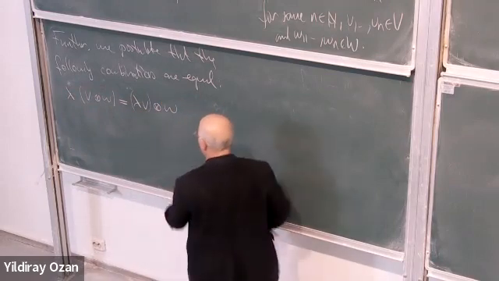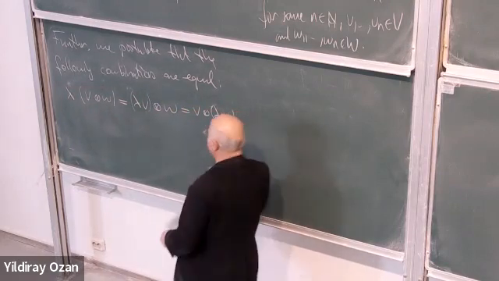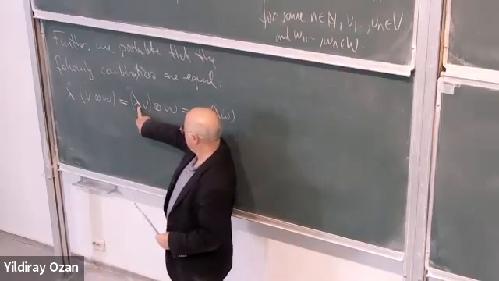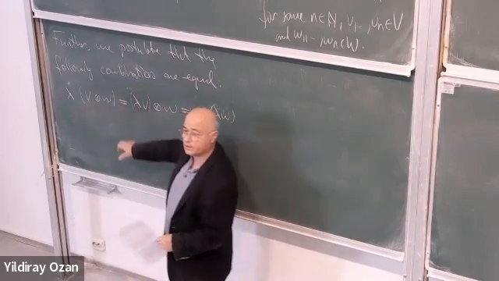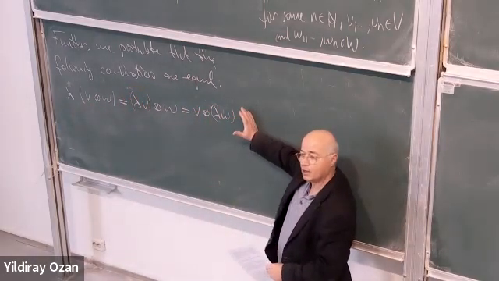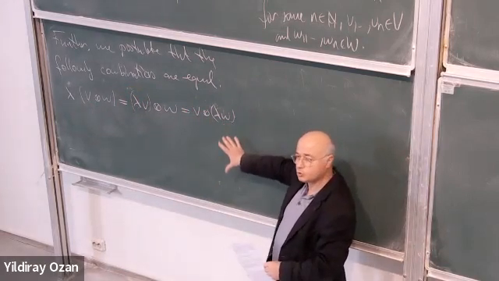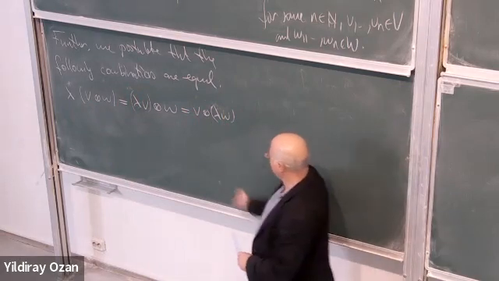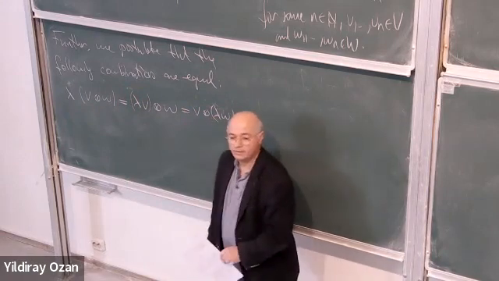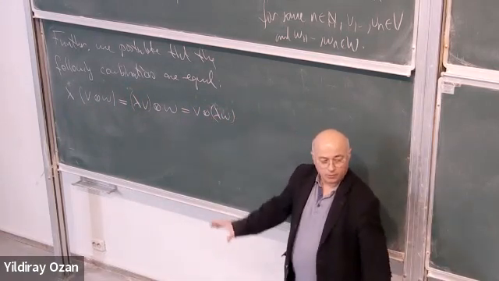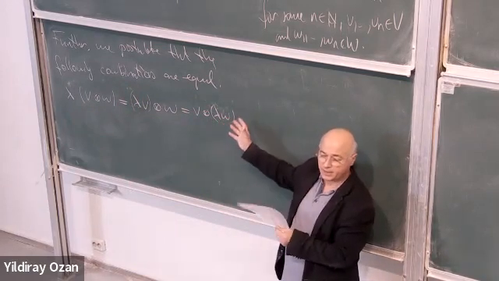And I will also assume that this is the same thing as this one. So I can just take this constant outside of the product, or put it in front of the first vector or the second vector. This is my axiom, okay? I assume that this holds true for all V, W. You may ask whether such a thing exists.